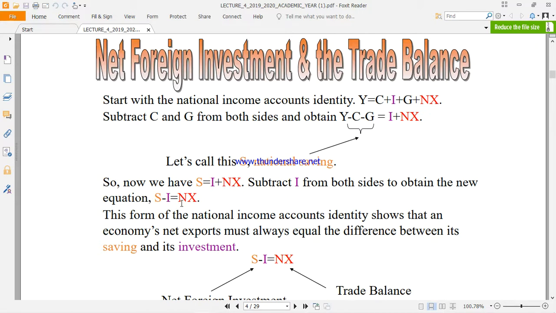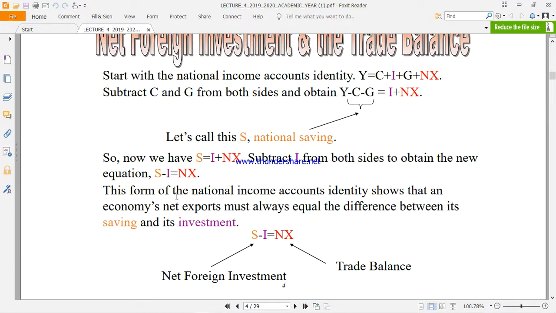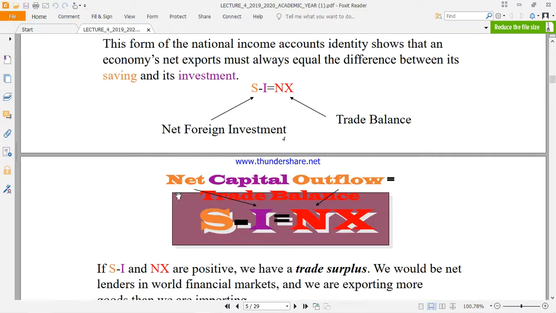And then we understand that net exports is actually the difference between what we export and what we import. Now, what we're saying is this: net foreign investment must equal the trade balance. Net foreign investment is just the difference between national savings and investment.